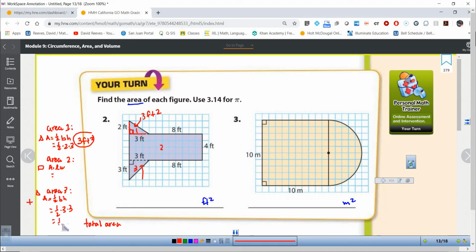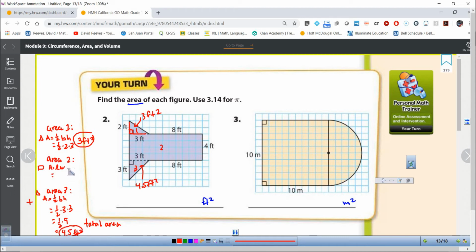So I get 1/2 of 9. And please don't tell me you can't take 1/2 of 9, because 9's an odd number. It has a half. It just will have a half when you take a half. And you get 4.5 square feet. So the area of this triangle is 4.5 square feet. Let me circle that like I circled the other one.